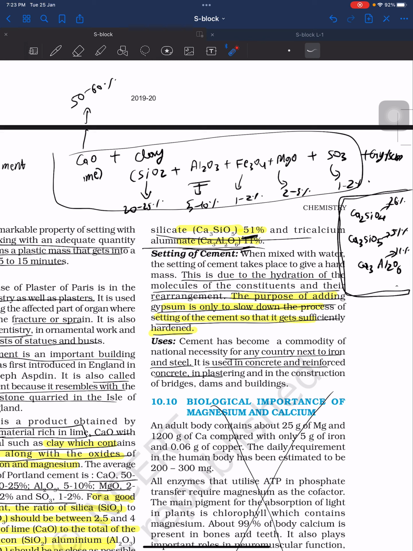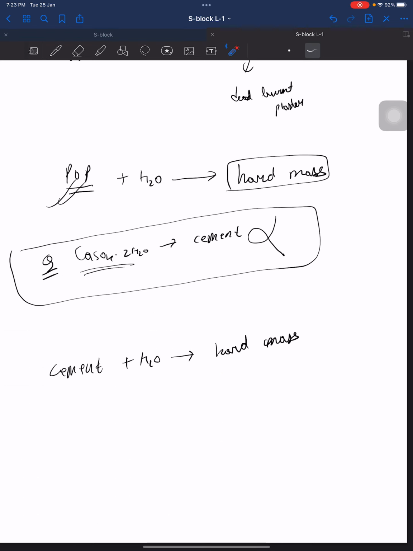The purpose of adding the gypsum is only to slow down the process of hardening of cement so that it gets sufficiently hardened. So why is gypsum added to cement? Cement essentially means cement clinker, which consists of clay plus calcium oxide.